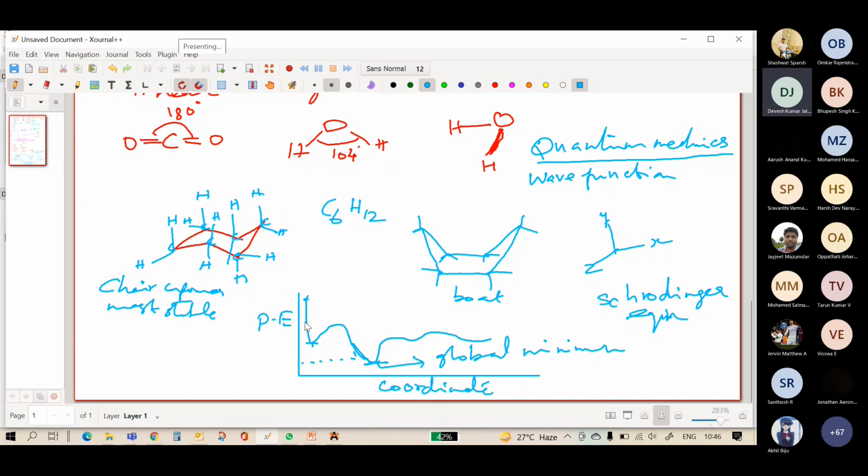When the computation happens, sometimes you reach a local minimum and think you have arrived at the most stable structure, but there exists another structure with even lower potential energy. There is no way you can reach it because it's all like groping in the dark.